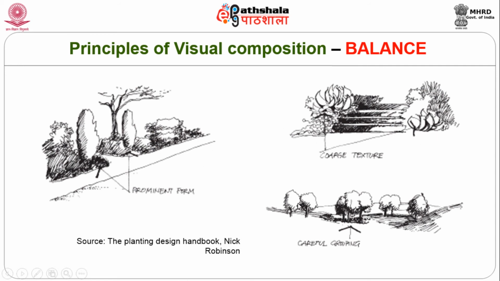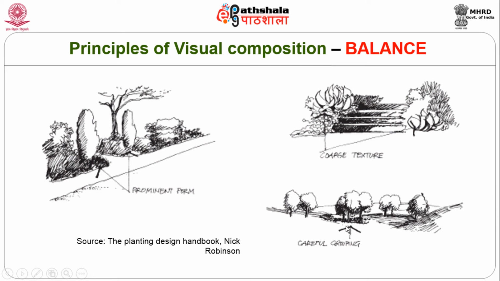So, you could see here how coarse texture is being brought in along this axis like a step, and also in terms of grouping, how one could suddenly group 3 trees in a single area, and bring in a sense of balance, where a pair of trees are scattered abroad and suddenly you have a grouping of 3 trees together.